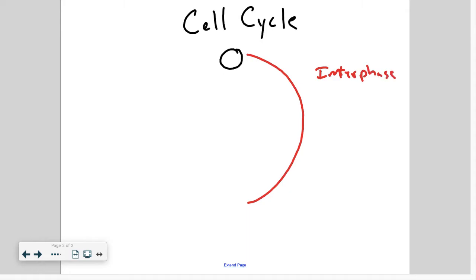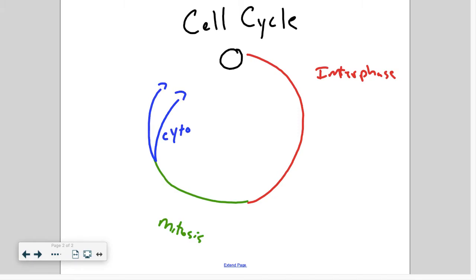From interphase, it will transition into mitosis. And overlapping with, but we'll call it a 3rd section for now, mitosis is the process of cytokinesis.